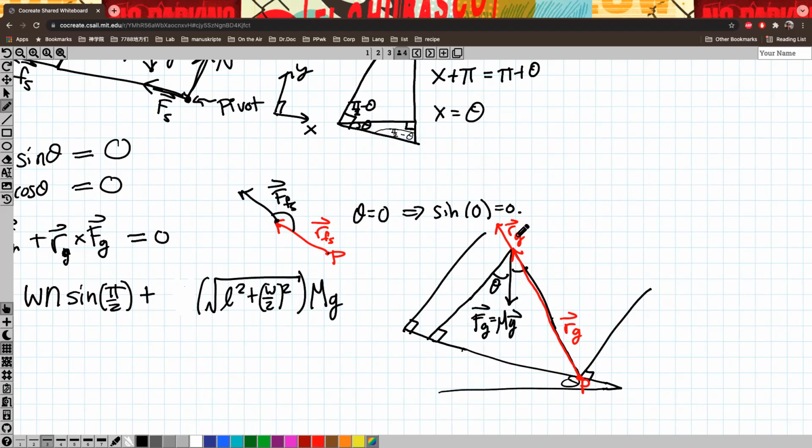So now, what's this length called? That would be mass times gravity, mg. What's the length of this? cos theta. Oh, L. And of this? That would be W divided by 2, W over 2.